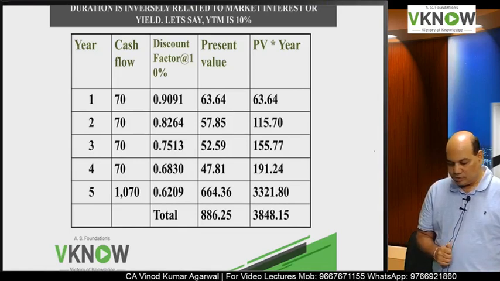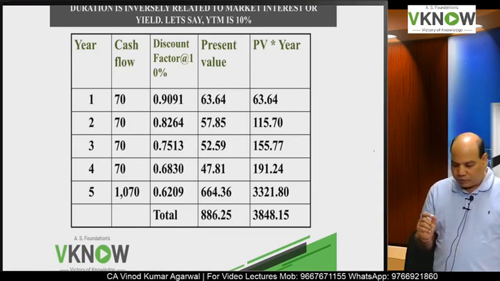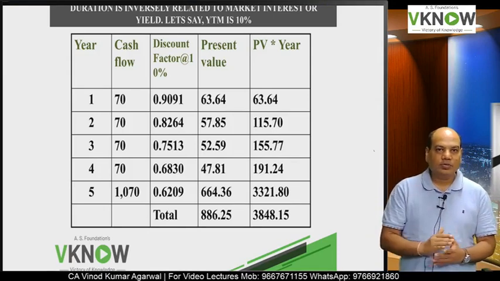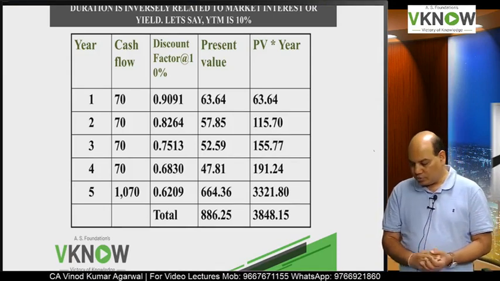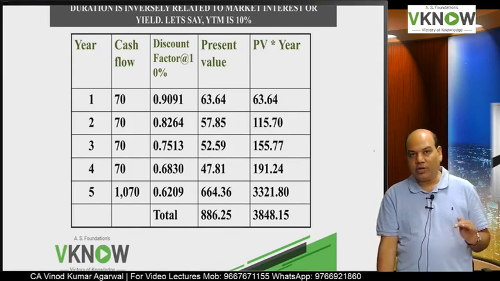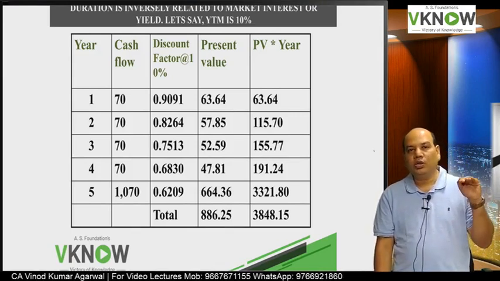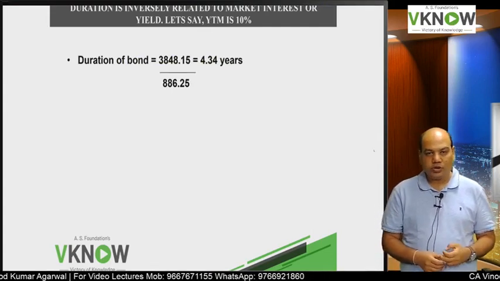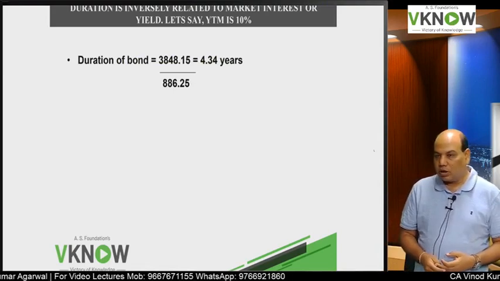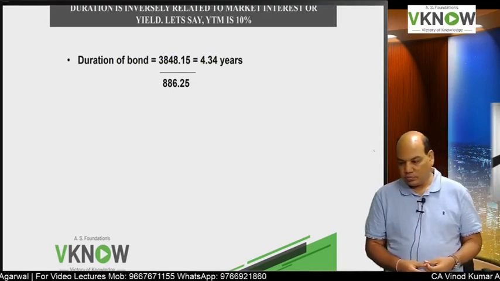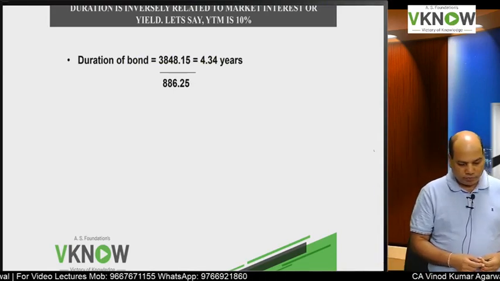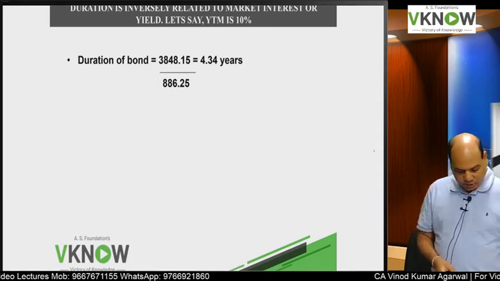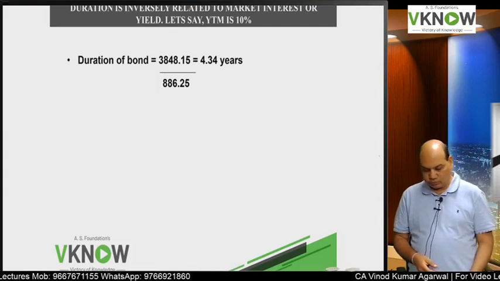Okay. So now write duration, and you will find that this answer of 46 number is less than question number 45. Which proves that higher YTM will result into lower duration. Right. Duration is equal to 3848.15 divided by 886.25.